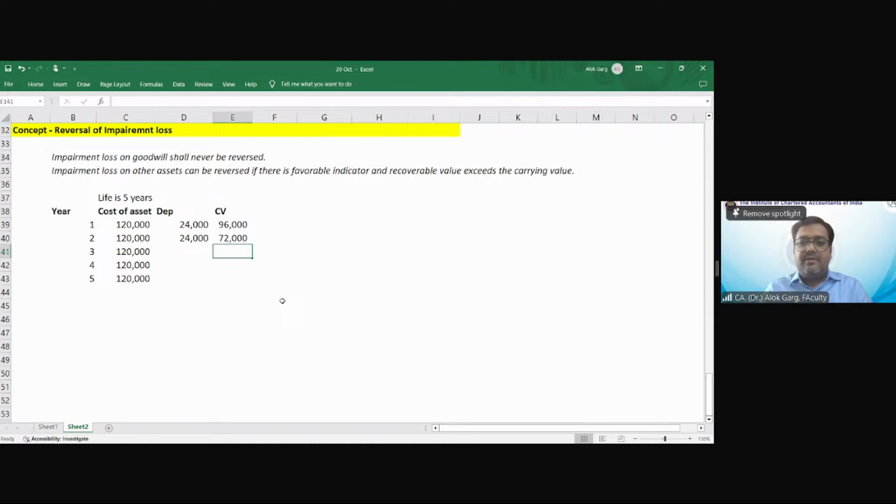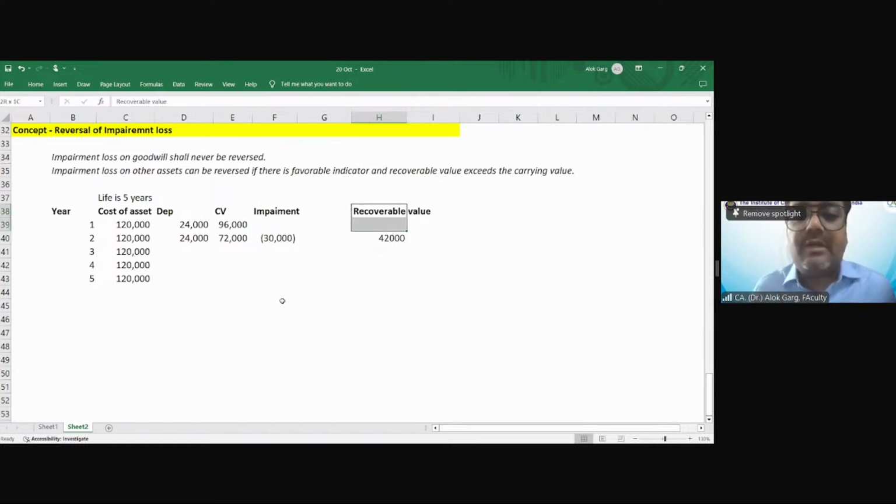Now, for example, there is an impairment which happened at the end of the second year, and the recoverable value comes out to 42,000. So how much is the impairment loss? 42 minus 72, 30,000 is the impairment loss.